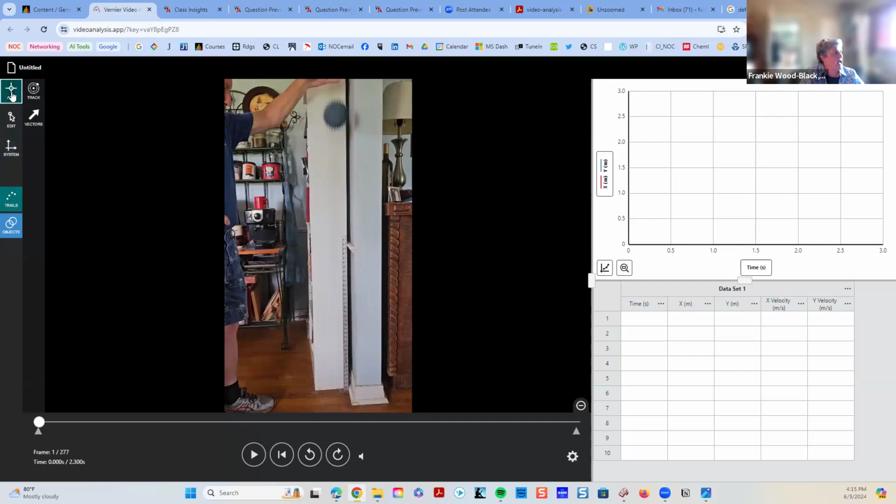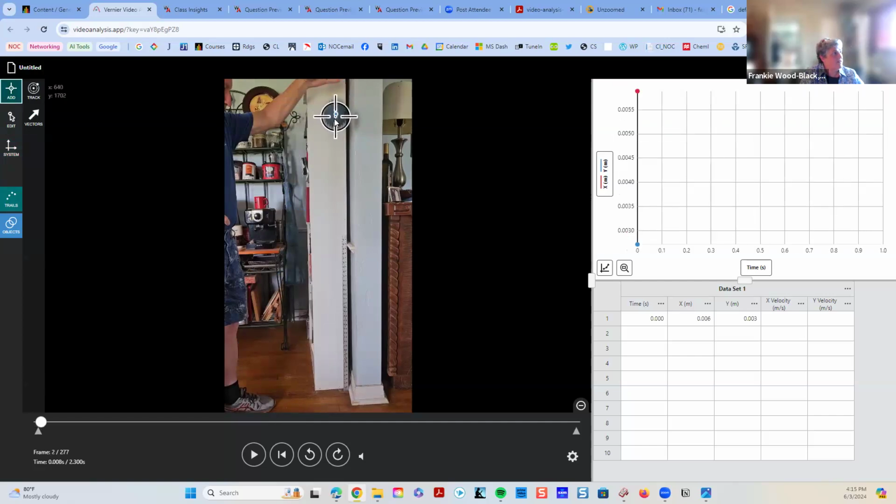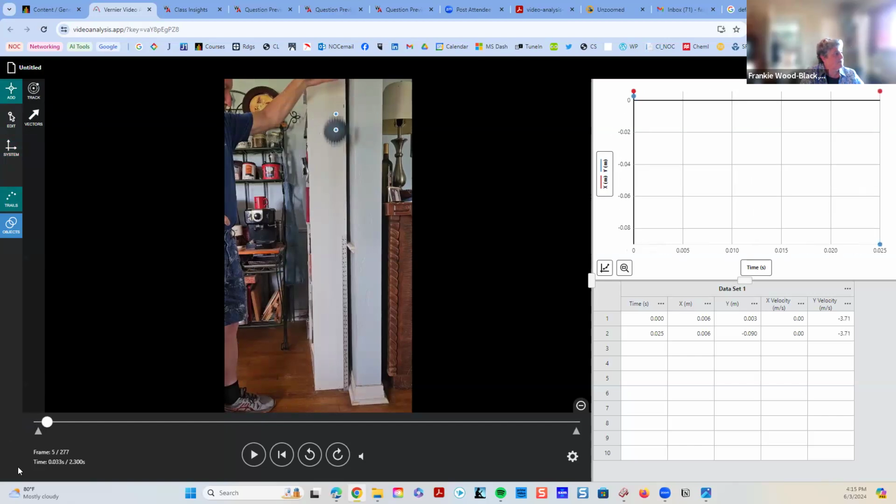And now I'm going to add my data, and I'm going to pick my points. This one's now going to move one frame at a time. Well, I'm not going to do that. I'm going to do a few more down here. Move it in. There we go.